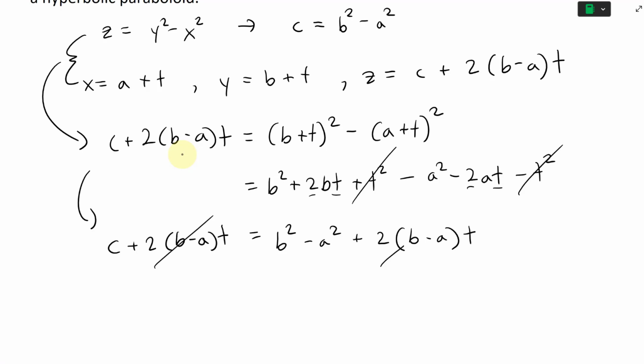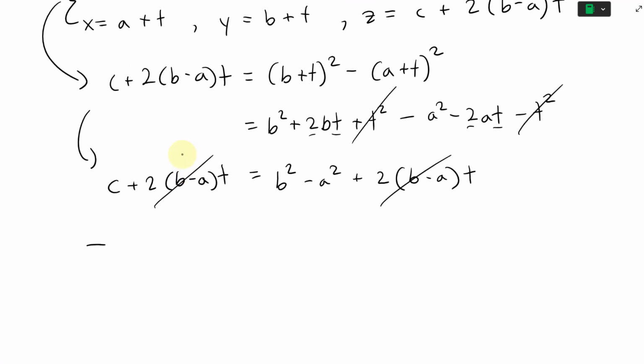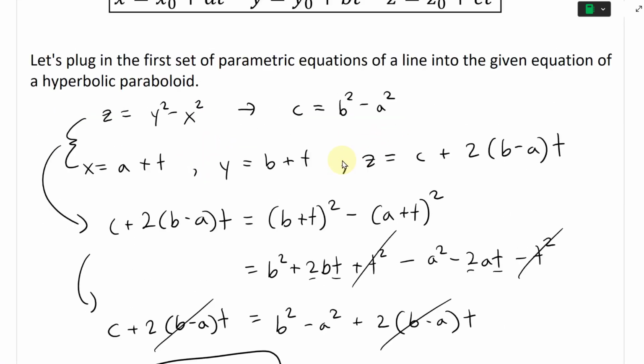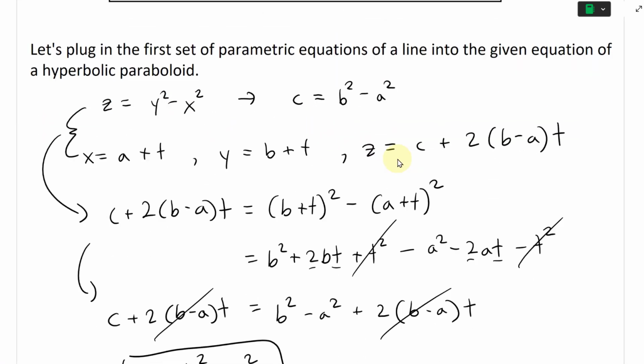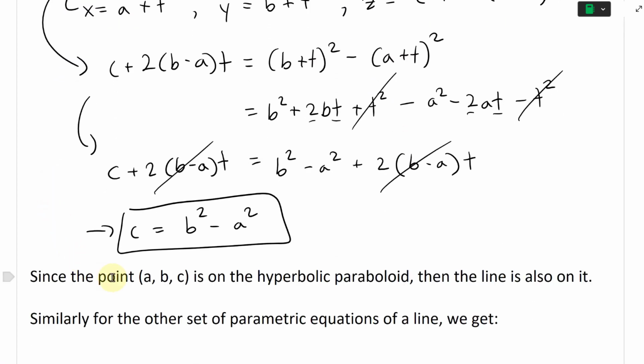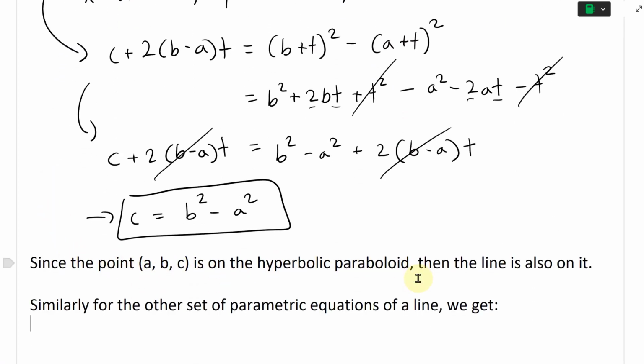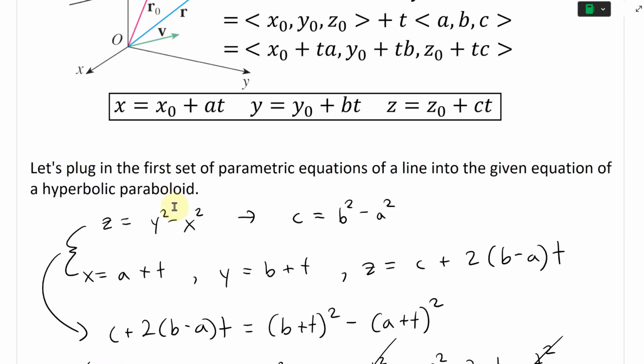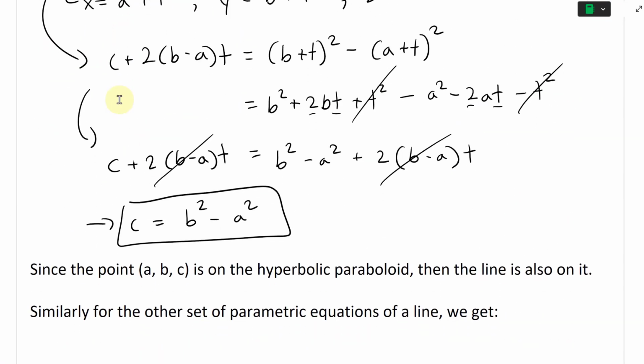Now this cancels, this cancels, so we're left with c equals b squared minus a squared. And that's exactly the point on the hyperbolic paraboloid. So since the point a, b, c is on the hyperbolic paraboloid, the line is also on it. This means this whole line is on that hyperbolic paraboloid at all times.